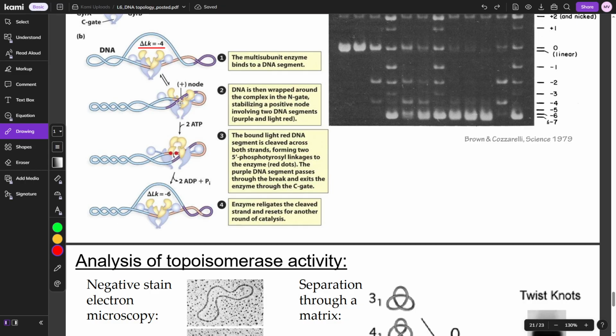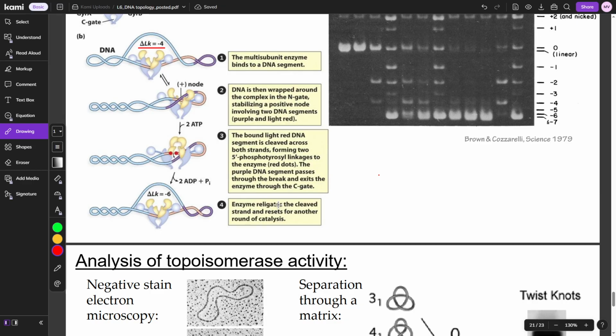So it basically, you cut the tan, you pull the purple through, and then because of that, if you pull it through and you re-anneal it, it does this weird thing where it coils back on itself.